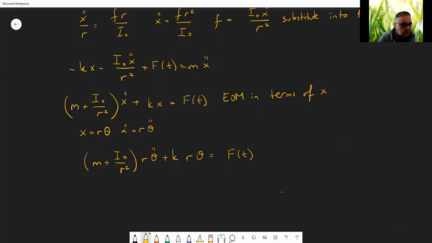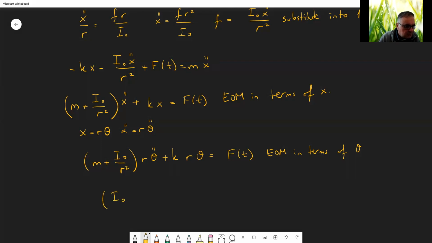Not much else. I guess this is the equation of motion in terms of theta. If you like, we can multiply everything by r to get r squared, so that it will be a little bit better looking.